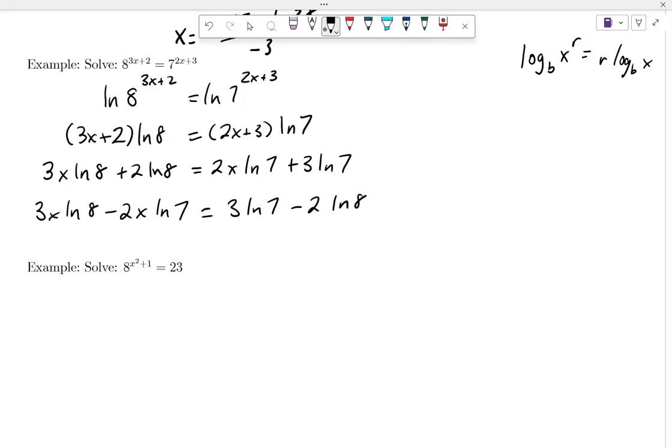Again, this should remind you of doing those inverse problems that we did, where we had to collect y's on one side and anything that didn't have a y on the other. Should be the same type of process. Let's factor out the x. We'll get 3 natural log of 8 minus 2 natural log of 7.